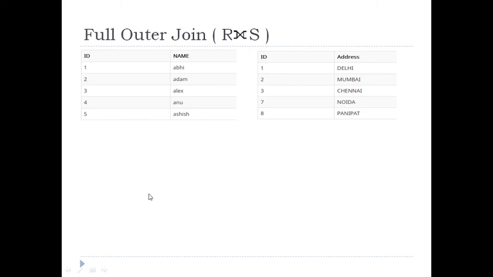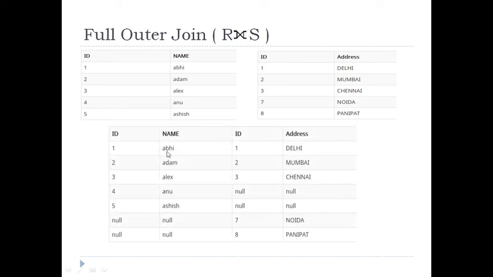Then comes full outer join. In full outer join, we'll take all matching tuples from both relations, and for non-matching, we'll pad that with the null values. Okay, so like here, these first three are matching, and for 4 and 5, in relation S, there is no matching tuples, so attribute value will be padded with null value.